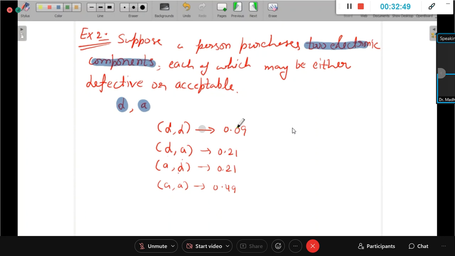It is given that both defective has probability 0.09. One defective, meaning first is defective and second is acceptable, or first is acceptable and second is defective, are treated as equally likely, with probability 0.21 each. And both acceptable has probability 0.49.